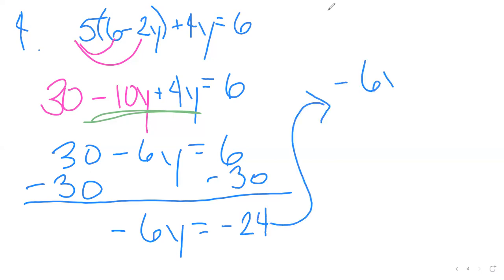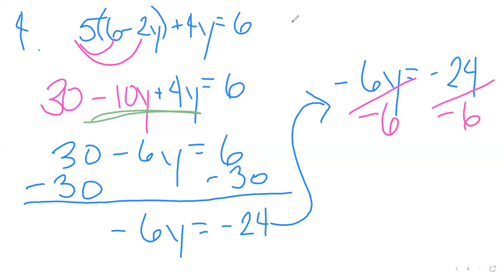Negative 6y equal negative 24 is where we are at this point, ready to divide. And be sure to bring that negative along with you if it is there before the variable or the y or x. If it's there, like it's negative 6, we're going to divide that whole quantity, negative 6.